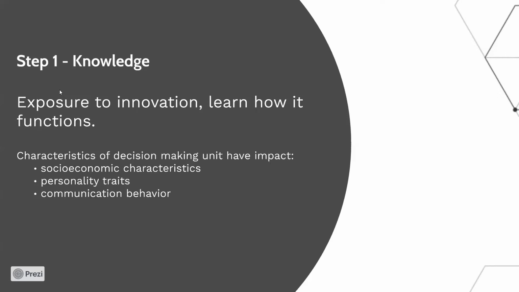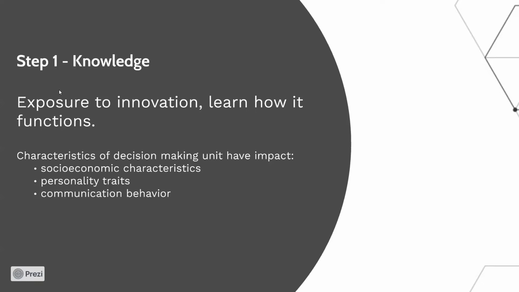There are a few different variables that may influence an individual's knowledge or an individual's exposure to different types of communication that they gain that knowledge from. These include socioeconomic characteristics, personality traits, and communication behavior. Each of these variables influences the degree to which an individual or organization may be an early or late knower.